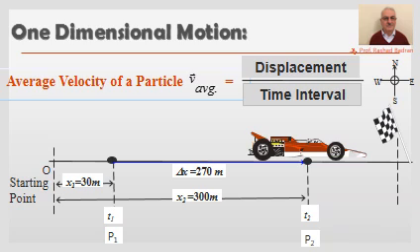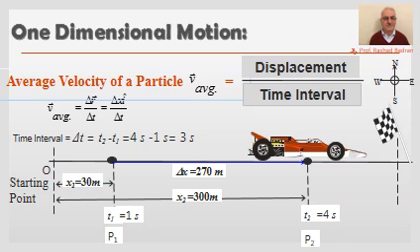Once the displacement is determined, as in our example 270 i hat meters, one can determine directly the average velocity by dividing the displacement by the time interval, which is 4 seconds minus 1 second, which is 3 seconds.